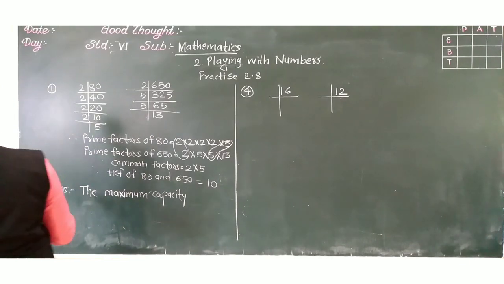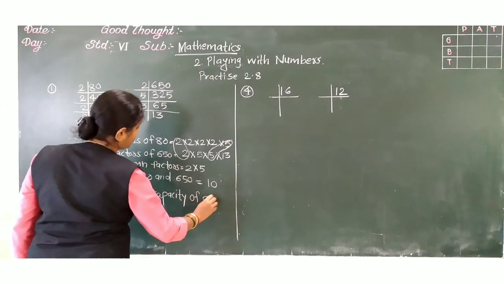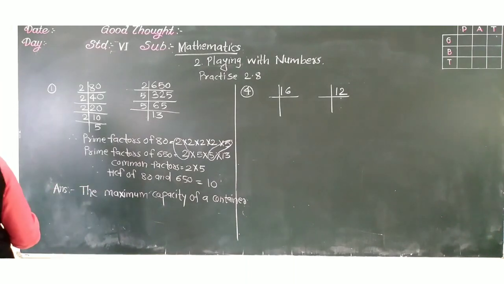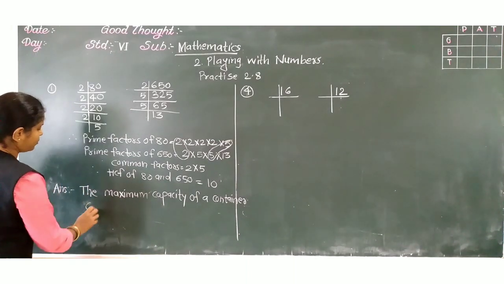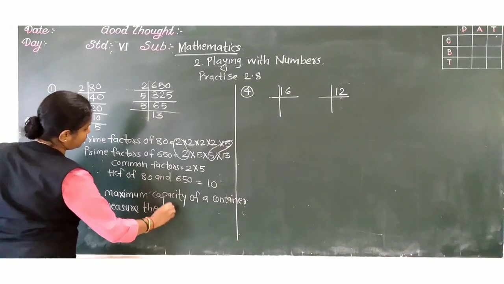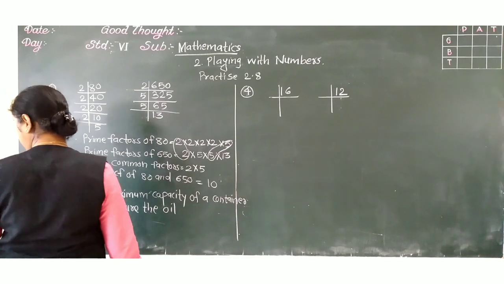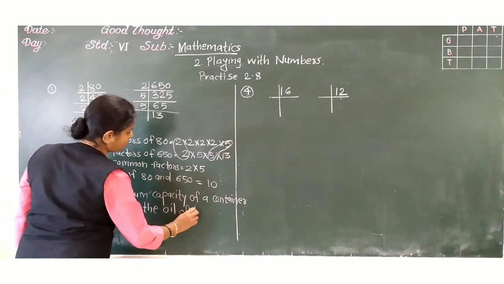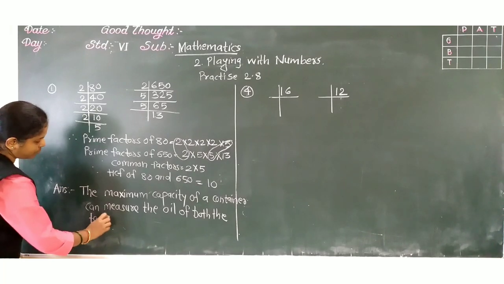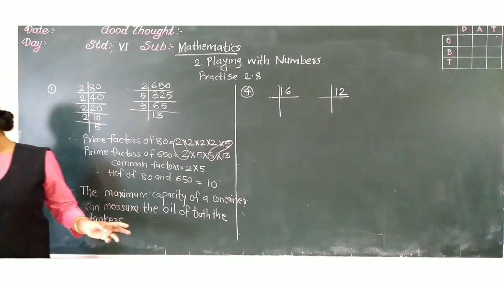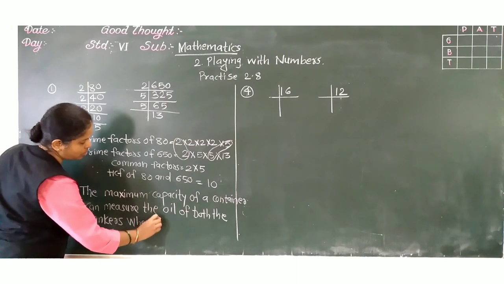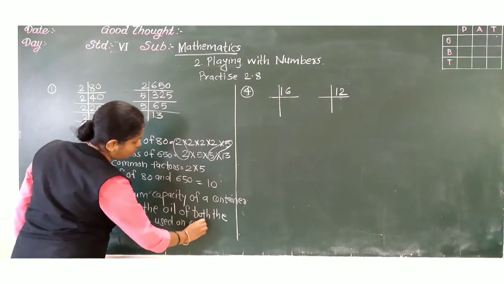The maximum capacity of a container that can measure the oil of both the tankers when used an exact number of times.